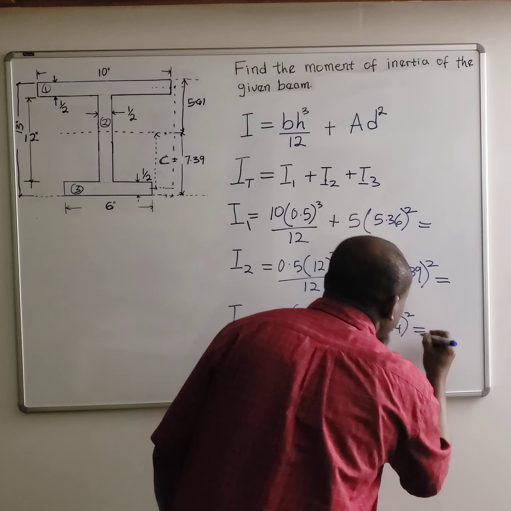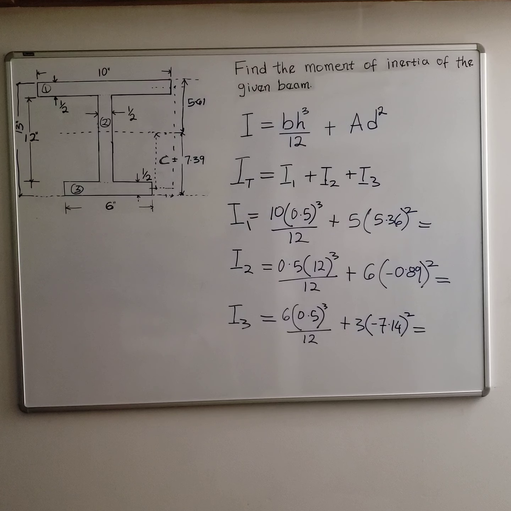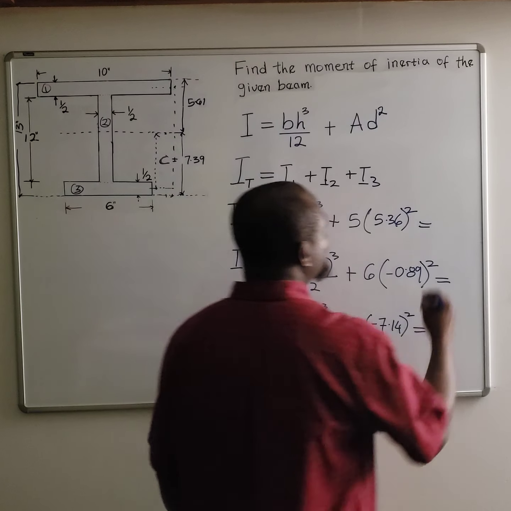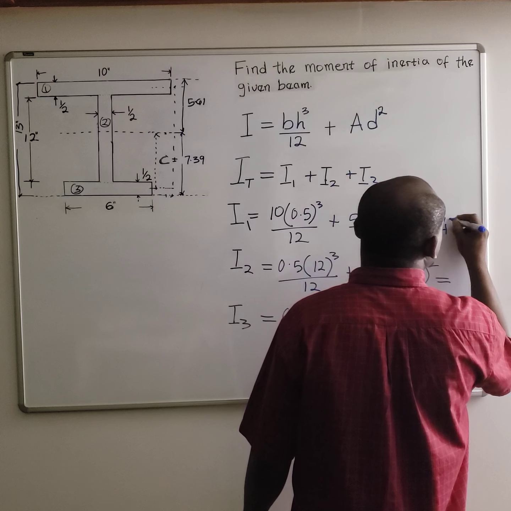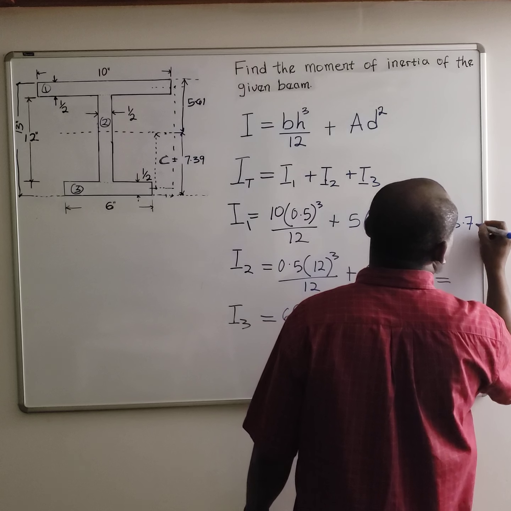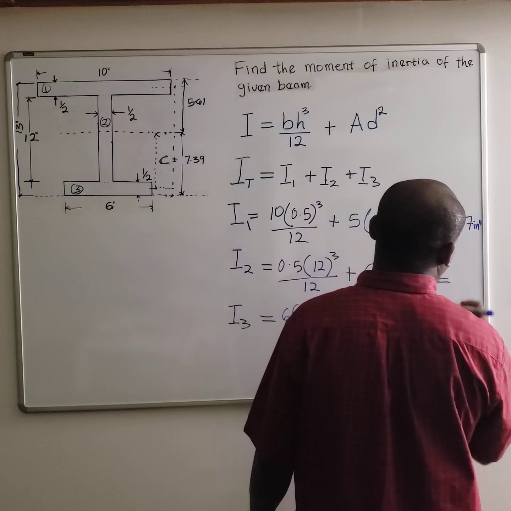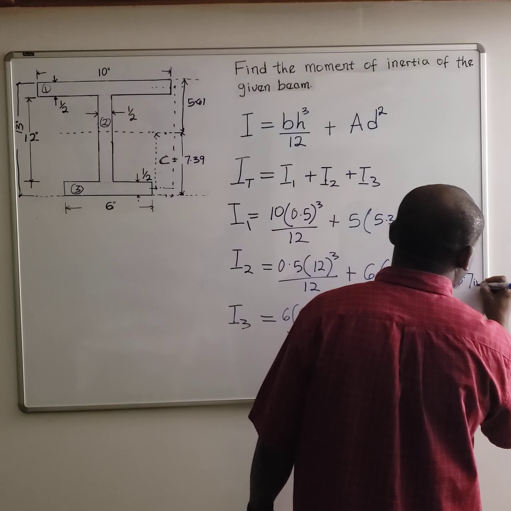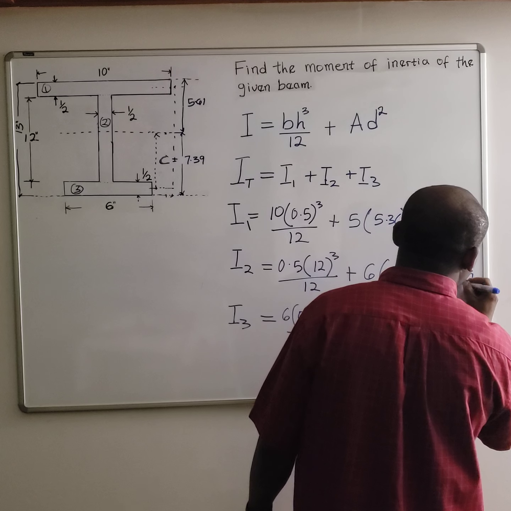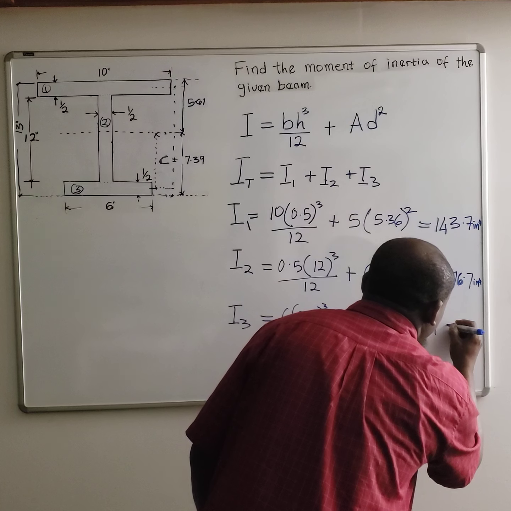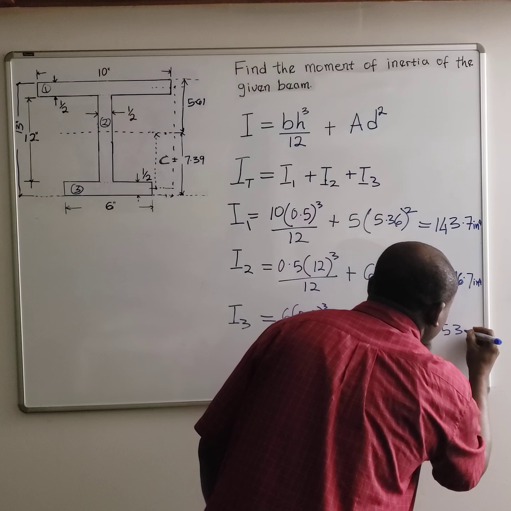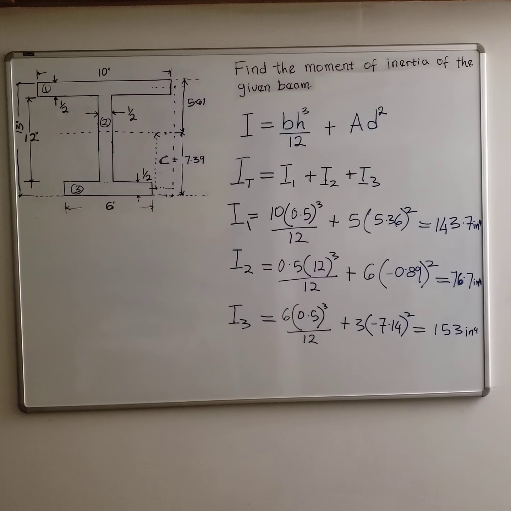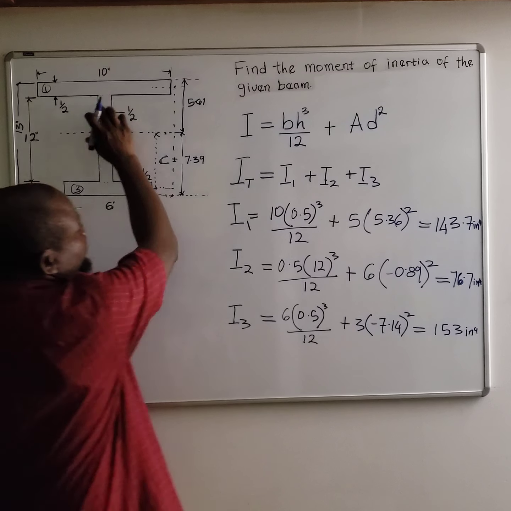You square that. All right. So when you do this maths, you are going to have 143.7 inches to the fourth here. Here you are going to have 76.7 inches to the fourth power. And over here you are going to have 153 inches to the fourth power. So that's the moment of inertia of the individual shapes.